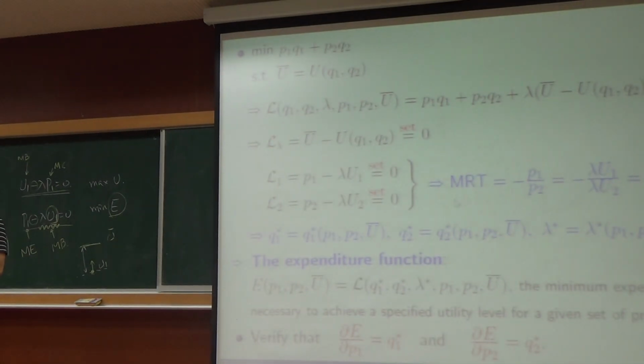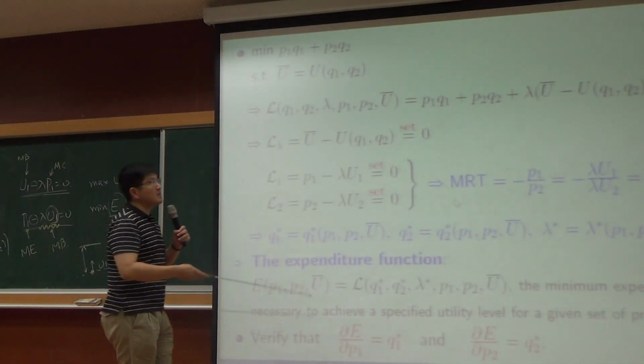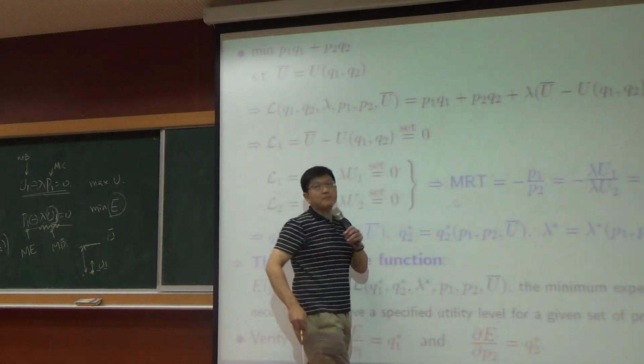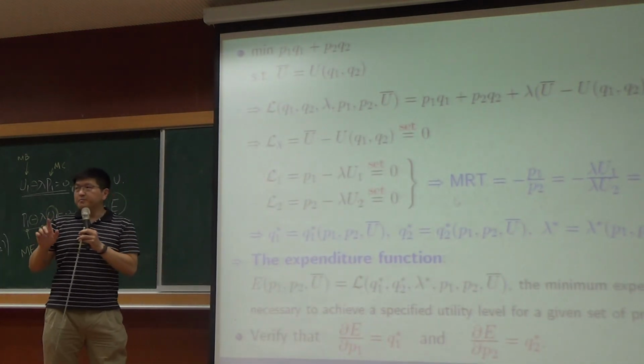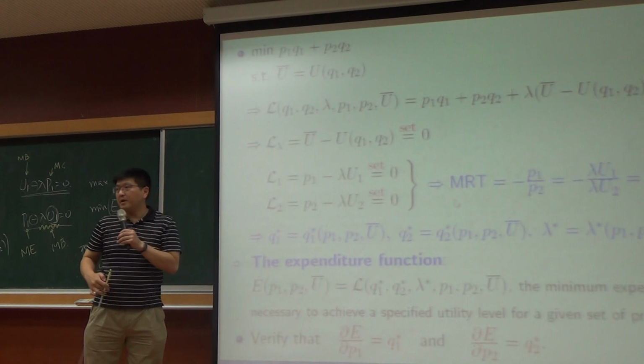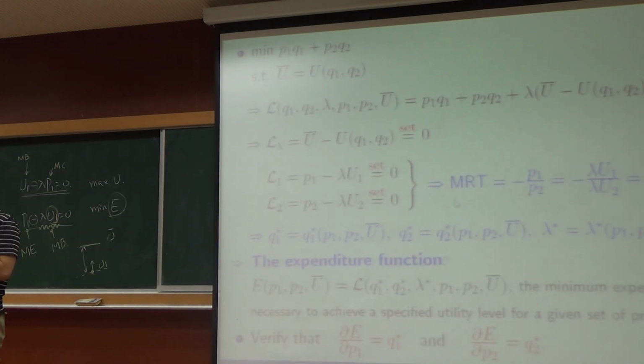Totally 5 variables, right? And an additional variable, lambda, is added because we apply the method of Lagrangian function. So the Lagrange multiplier approach, due to this approach, we have an additional variable, lambda.